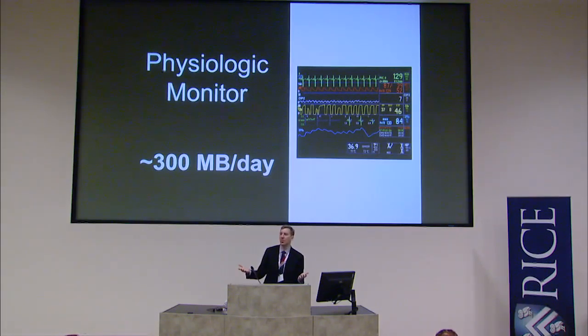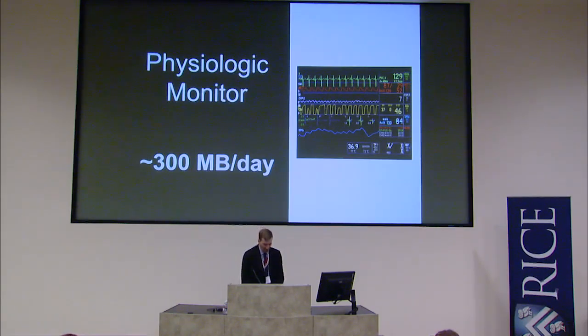If you're in an ICU for a week, you generally generate about the same amount of data as your genome, right? And this also means that you have more data coming from this monitor than actually is going into your EMR, right? So the data set that we have at TCH far exceeds the data set that TCH actually has in their EMR.